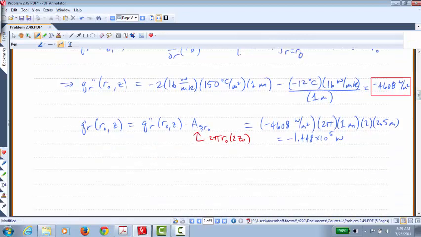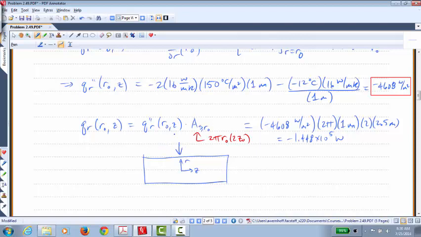So let's take a look at the diagram and find out what's the best way to express this. This is the side view of the cylinder here. We know that R is going out from the center and Z is going to the right. And we're saying that the heat flow in the R direction is negative 4608. So it's a negative number, so we have to turn around and have it pointing in.